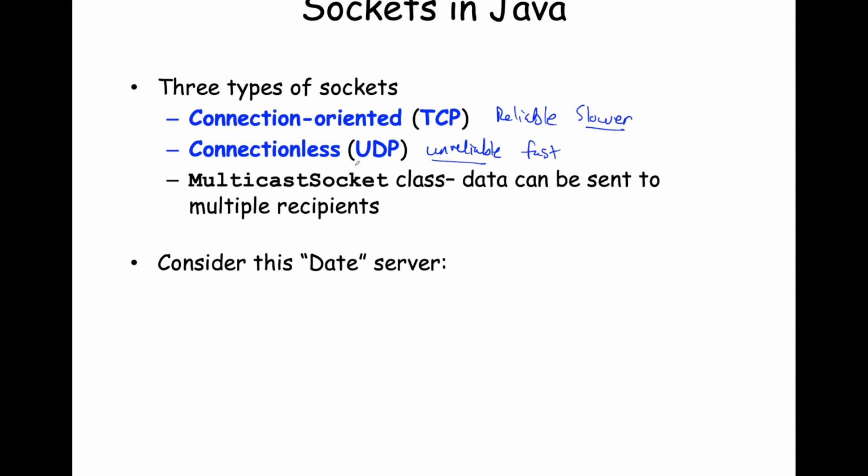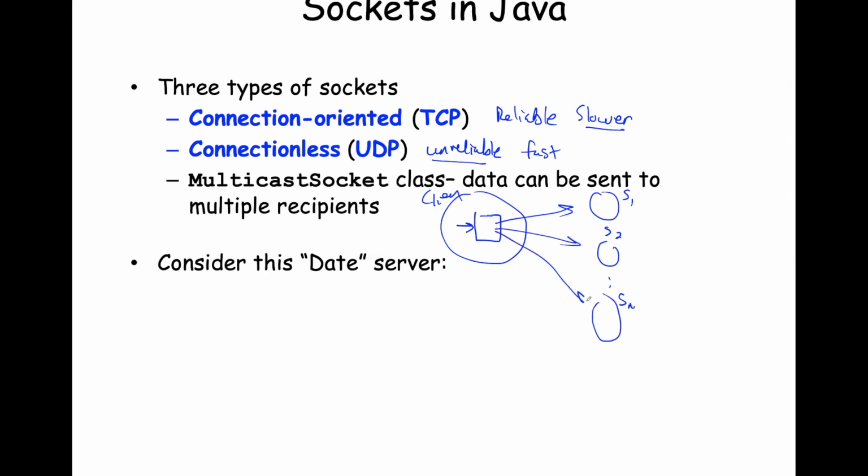There's another type of socket or channel of communication called multicast. What this multicast socket does is it allows your client to send one message on its side, but underneath the covers, that message gets delivered to some number n of machines out there. And it's managed by something called the multicast group.